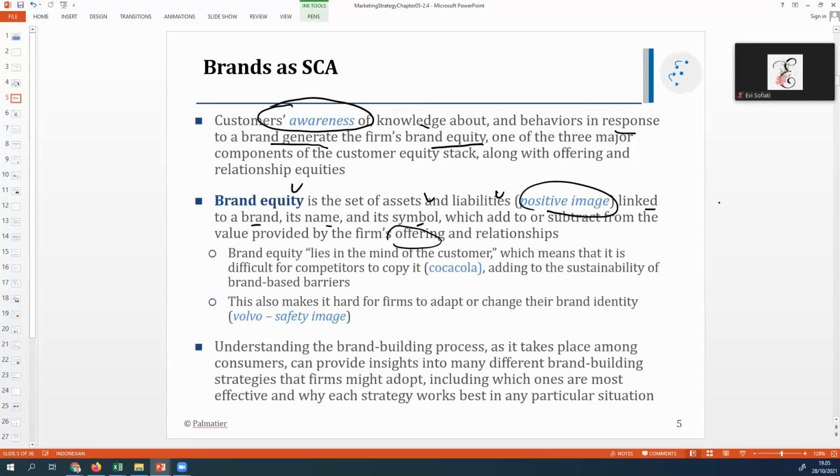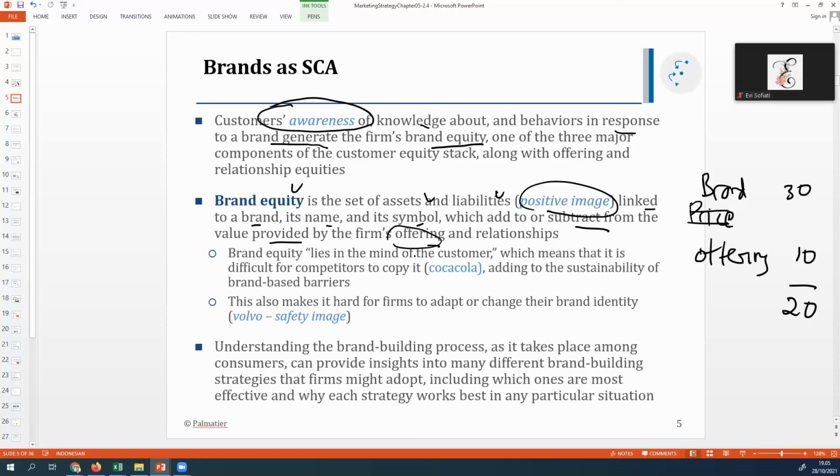So this is the price, and this is the brand. This is the offering. So the offering, the core value of the product, is 10. You sell it at 30. So brand equity is 20, which adds to the value provided by the firm's offering.